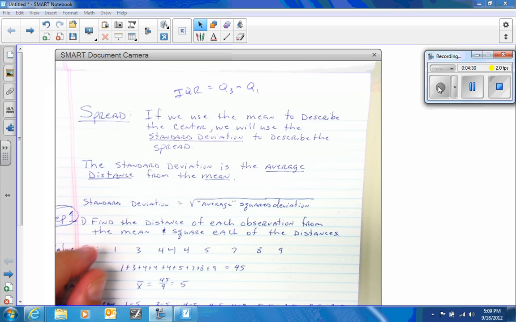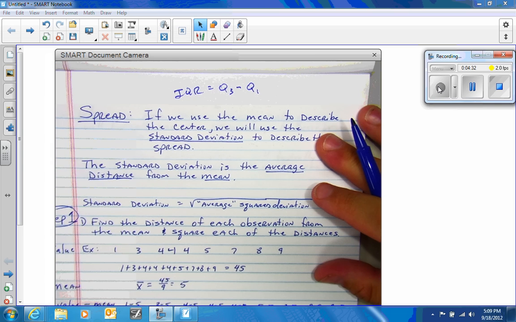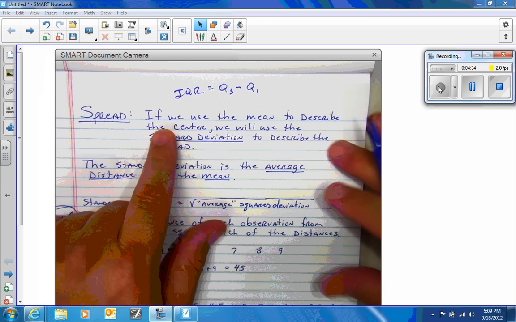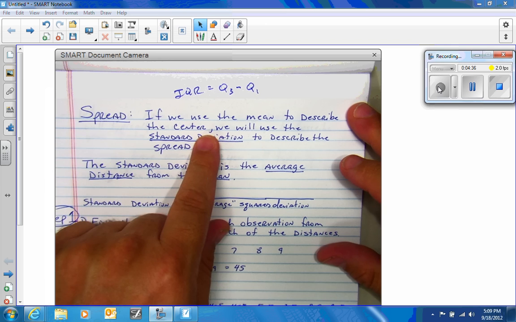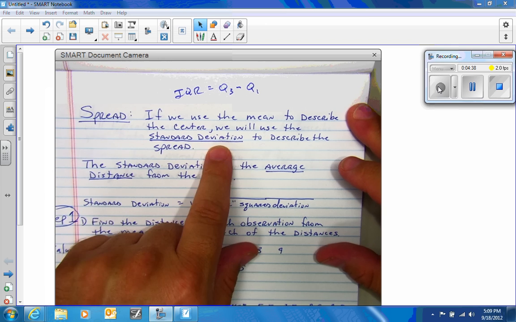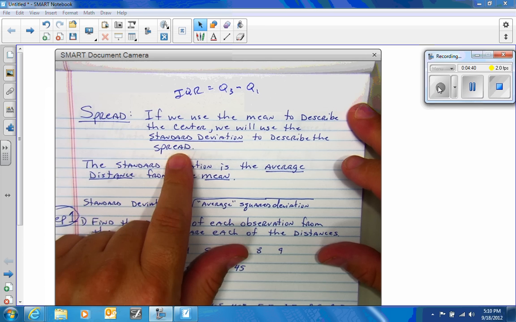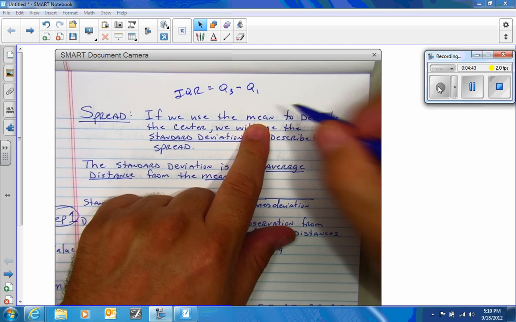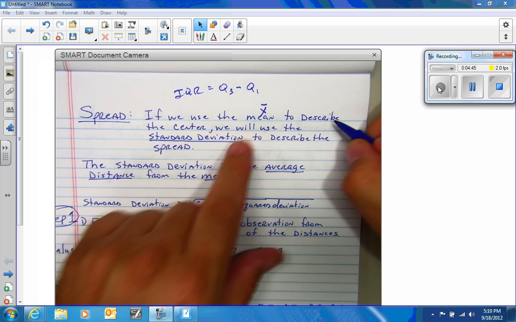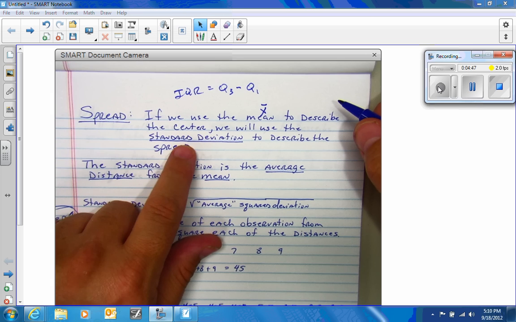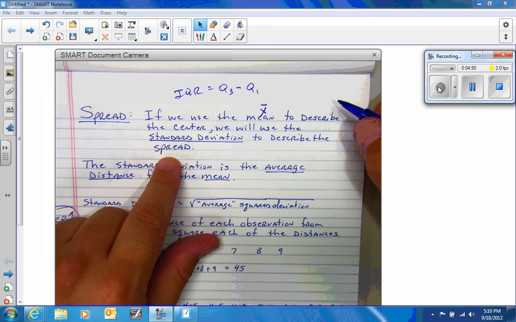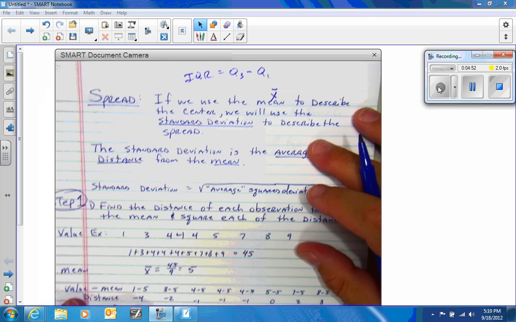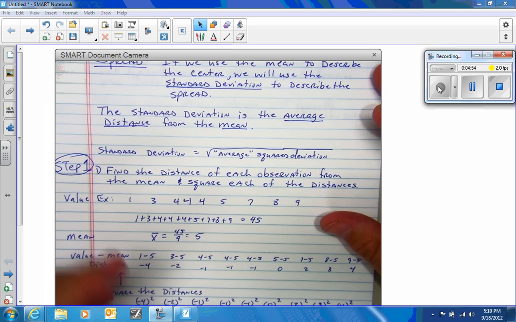Well, now we're going to talk about another way to measure spread. If we use the mean to describe the center, we'll also use what we call the standard deviation to describe the spread. So if you use the mean, which is x bar, to describe the center, you have to use the standard deviation to describe the spread. All right, for instance, what is standard deviation?